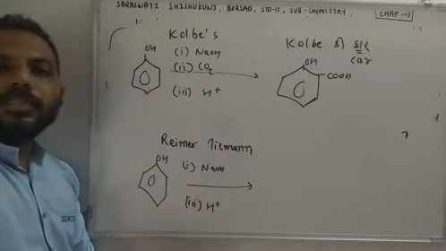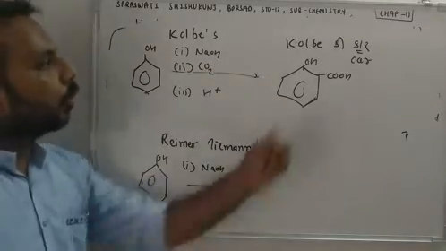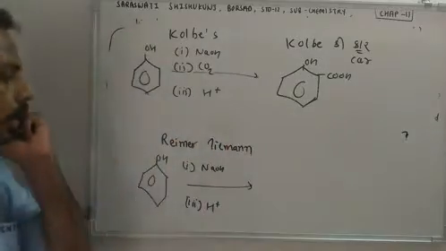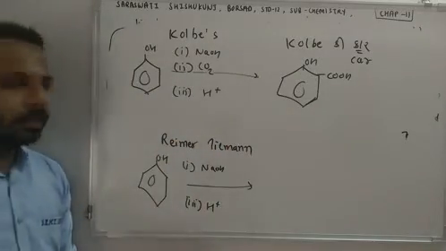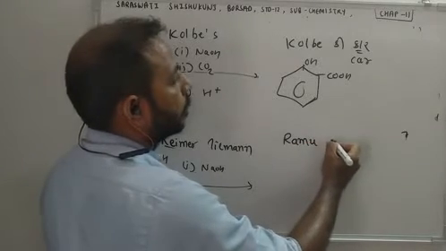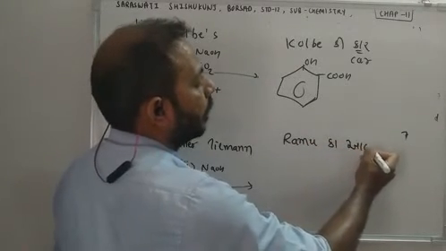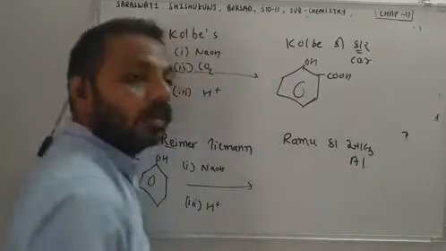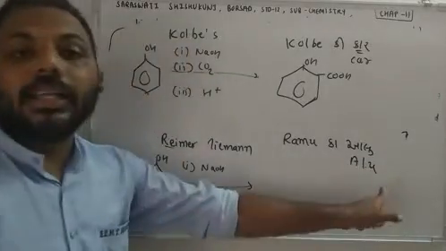So the second step is CO2 in Kolbe's reaction. Kolbe ki car. Right? For the Reimer-Tiemann reaction, Reimer, Ramu ka aloo. Aloo means aldehyde.